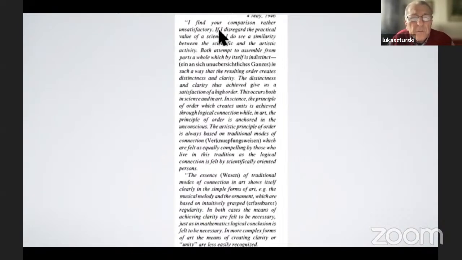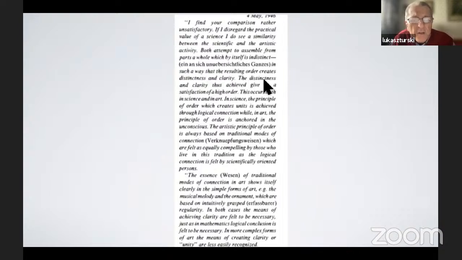And then he follows, "If I disregard the practical value of a science, I do see a similarity between the scientific and the artistic activity. Both attempt to assemble from parts a whole, which by itself is indistinct." And here are the original German words used. He answered in German, "in such a way that the resulting order creates the distinctions and clarity."